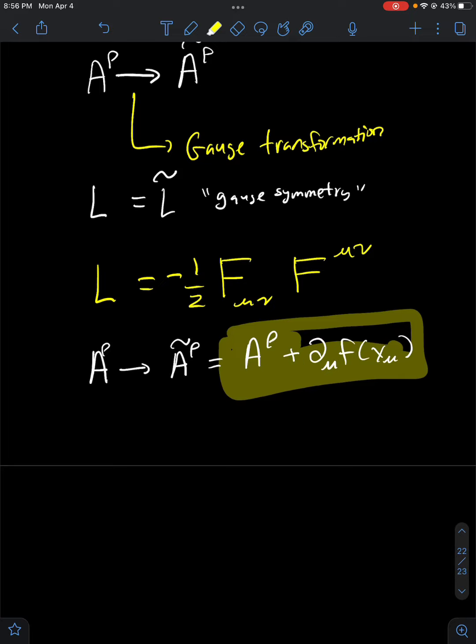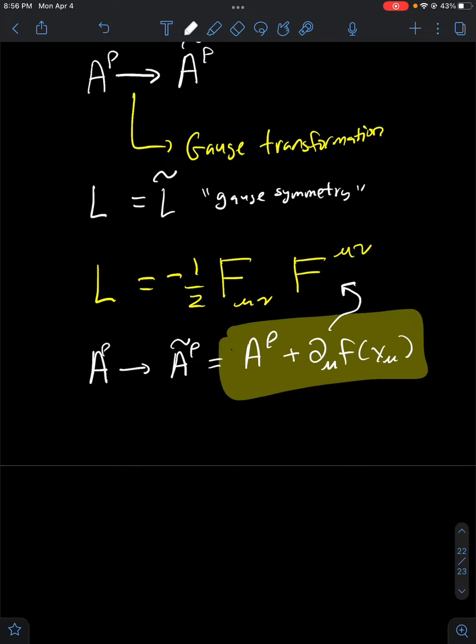Now, if you don't want to believe that so soon, you can actually try this yourself. Plug this gauge transformation into our Lagrangian, and you'll find that L prime equals L. It's a pretty straightforward calculation, so I won't actually show it in this video. Just expand the Faraday tensor in terms of the vector potential, and then substitute the vector potential with our gauge transformation.